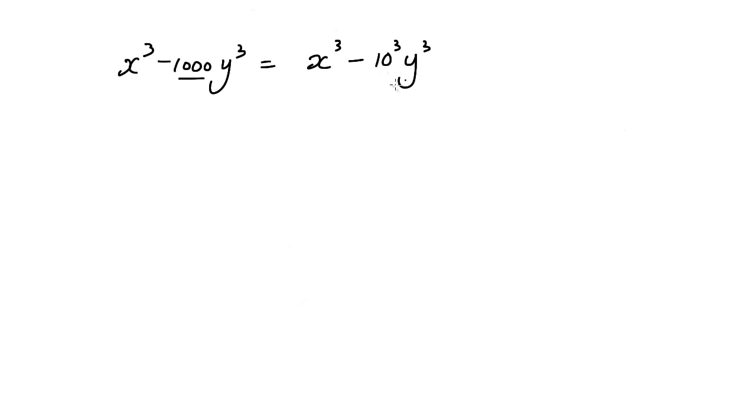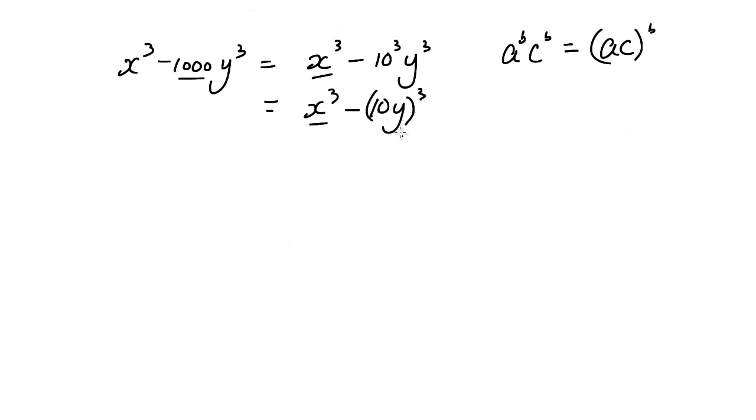I've already got my a here, which is just x, but to get my b, I use the power rule: a to the power of b multiplied by c to the power of b can become (ac) to the power of b. Using that, I can convert this to (10y) to the power of 3.